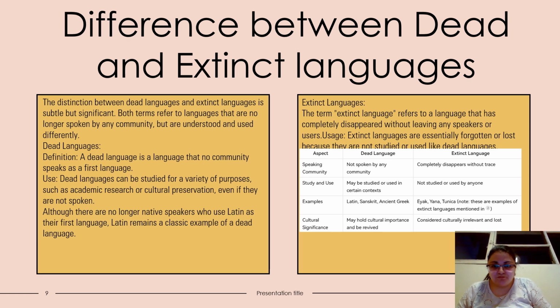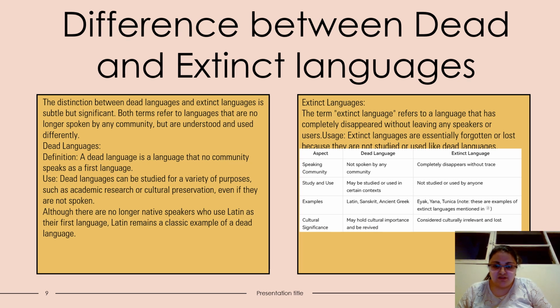We have a chart, and in the chart we have the aspects: dead language and extinct language. We have speaking community, study and use, examples, and cultural significance. In speaking community, dead language is not spoken by any community. Study and use: may be studied or used in certain contexts. Examples: Latin, Sanskrit, ancient Greek.